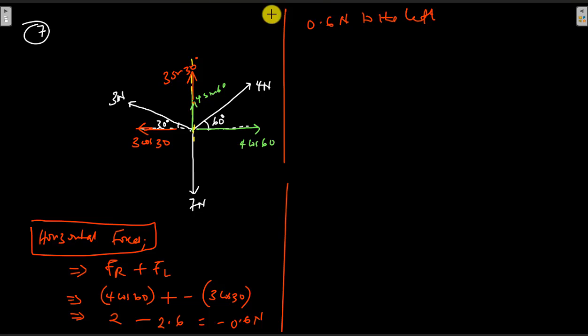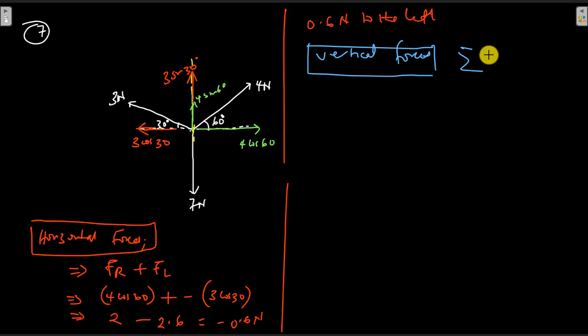Let's look at the vertical forces. Sometimes I call that summation of forces in the y direction, but let's just add the forces manually. That's equal to the forces upwards plus the forces downwards.